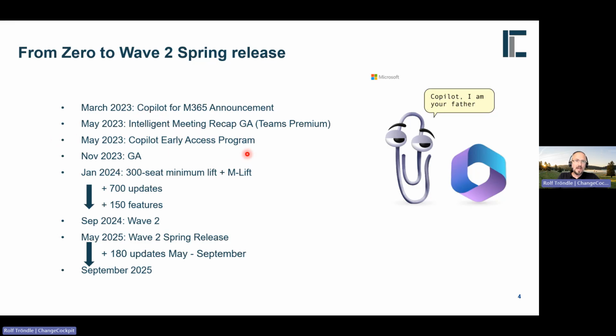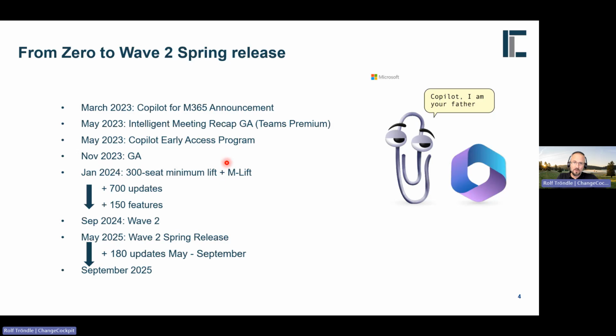Then at the same time, they launched a Copilot Early Access program to customers who signed up for it or who were allowed to go into this early access program. And then later in November, they reached GA, so generally available. Everyone could buy now Copilot for Microsoft 365, but starting in November, it was a 300-seat minimum, so you had to buy at least 300 licenses at once.